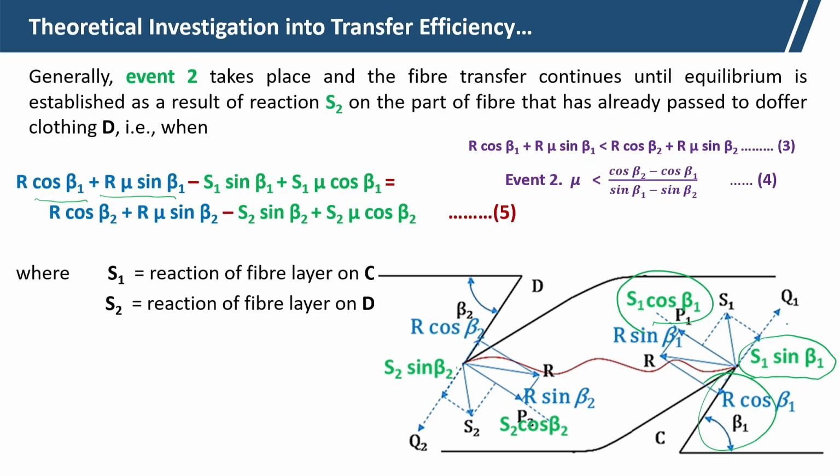Now, this one is working against the other direction, that is why the negative sign is there, it is reducing that, whereas this S1 cos beta 1 is actually increasing the frictional force again. So, that will be mu S1 cos beta 1.